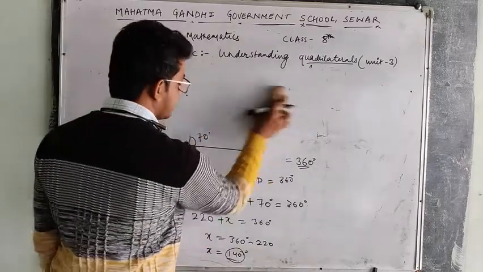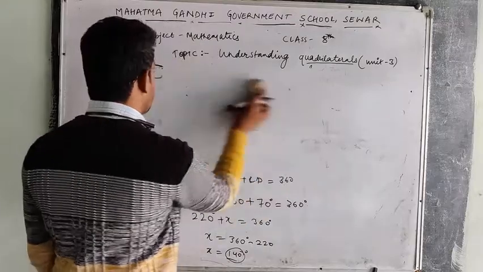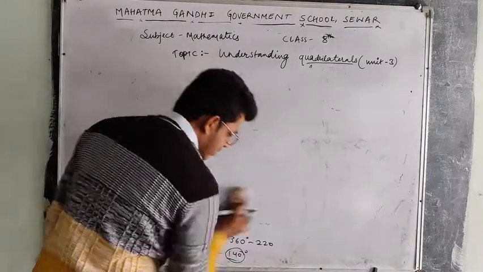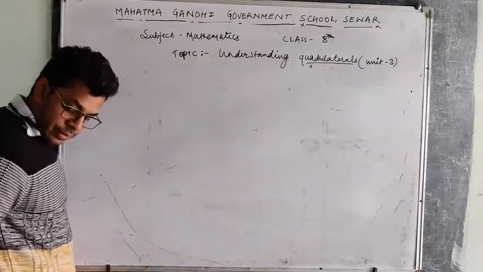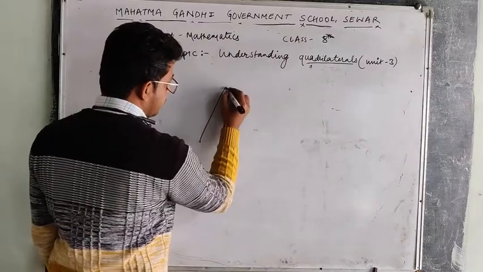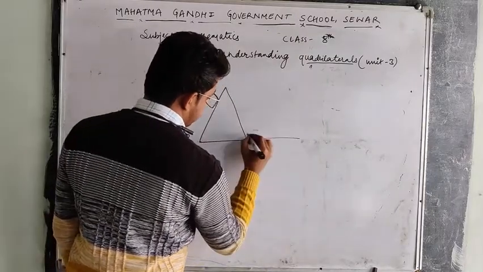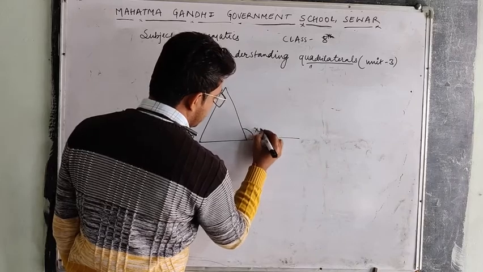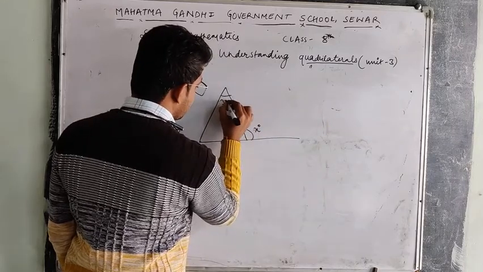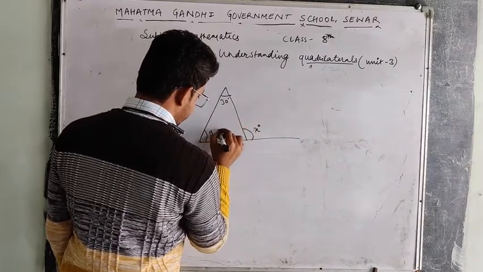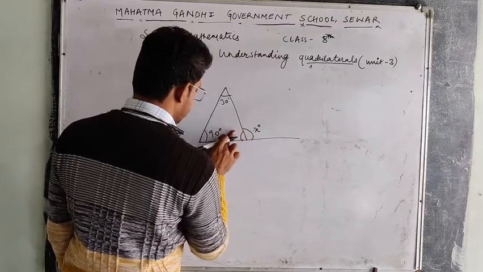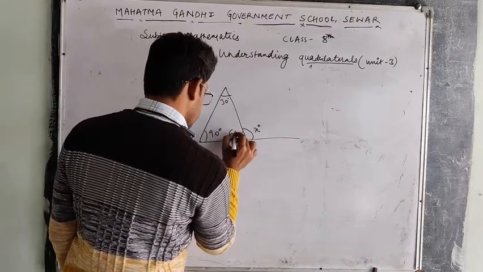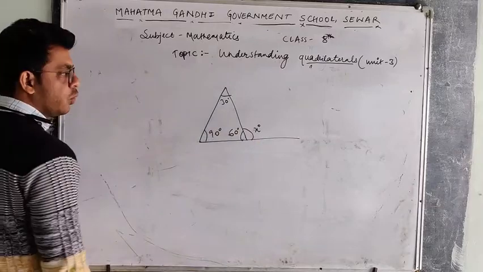And I also said the sum of exterior angles of polygons is 360. If I make a structure like this, and I say, let's calculate x, what will I do?